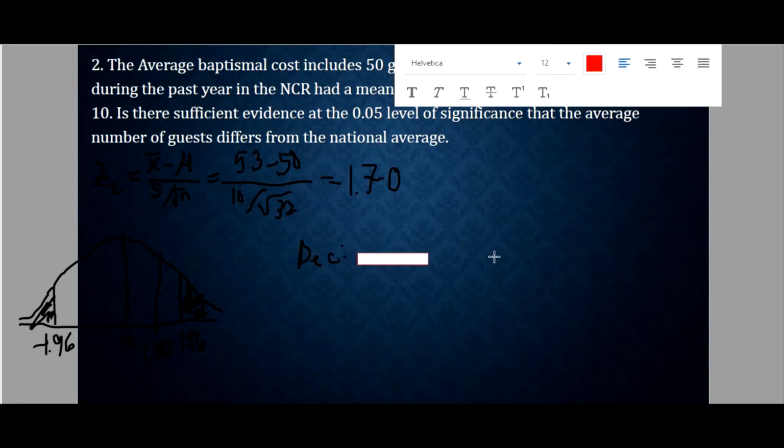So we may say, do not reject H0 since z computed does not fall within the rejection region. So it's not within the rejection region.